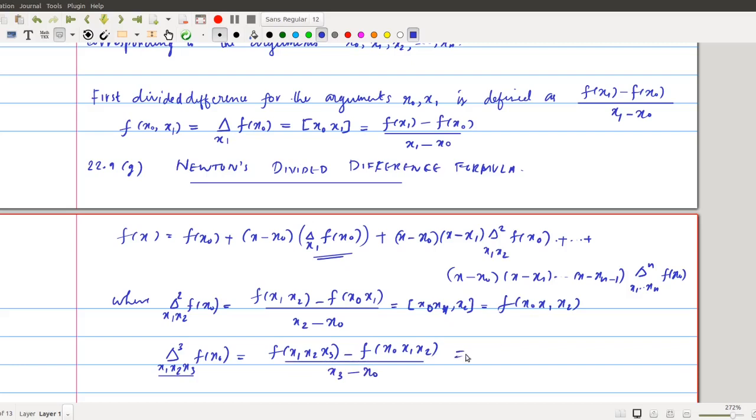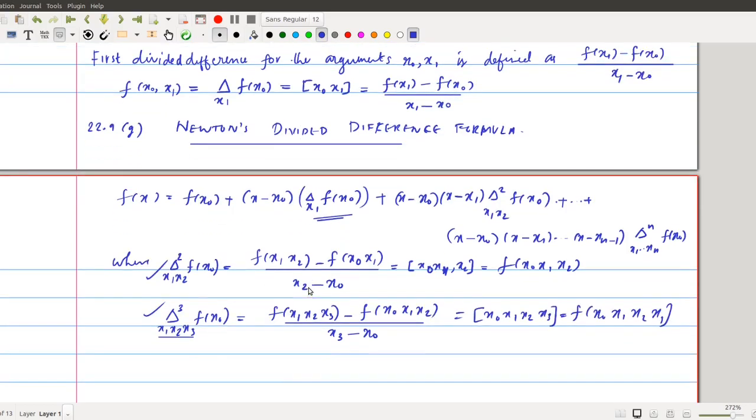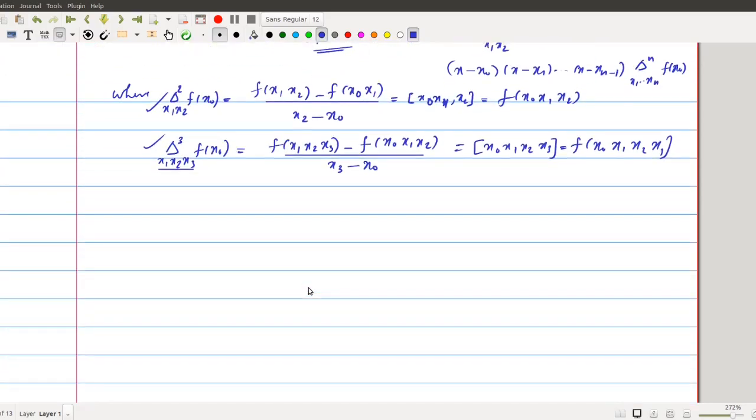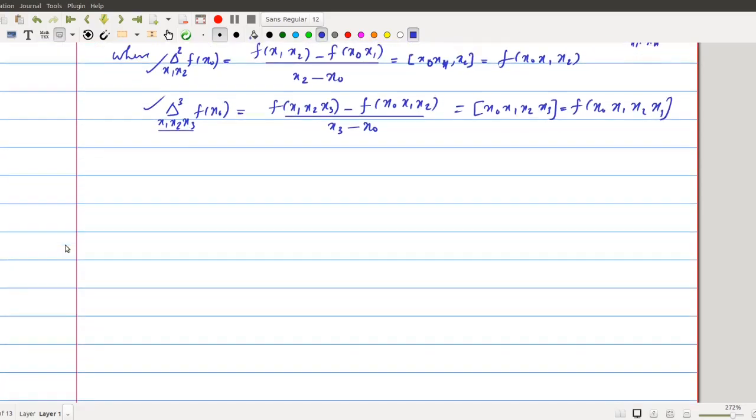So this is denoted by x naught x1 x2 x3, or you can write f of x naught x1 x2 x3. Usually we use these symbols to denote these numbers. Now we will discuss a problem or illustrative example for this.